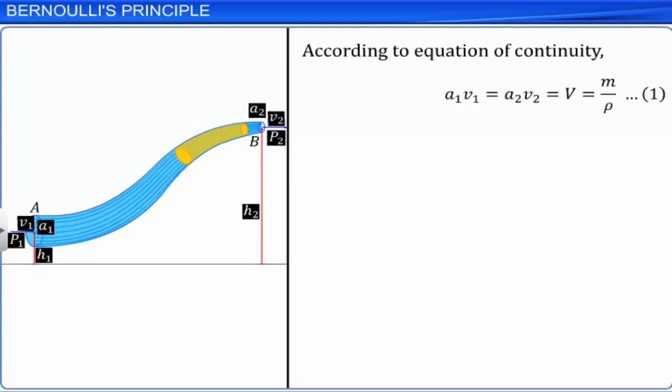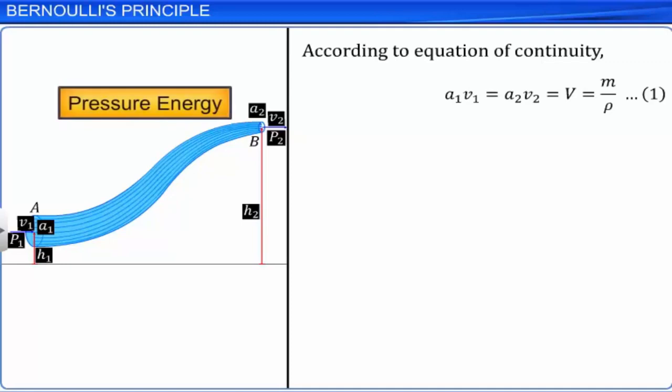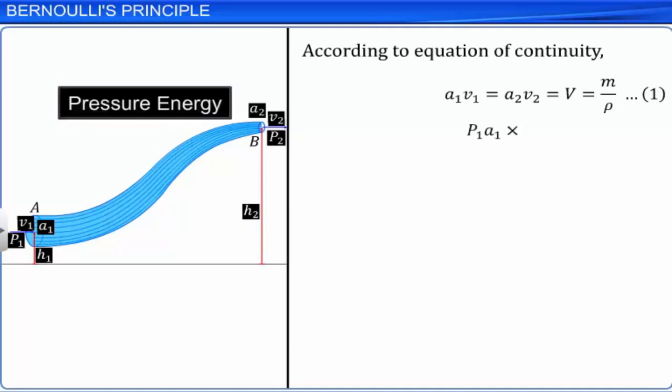Thus, the work done per second on the liquid element against the force due to pressure at A, which is referred to as pressure energy, is given by P1A1V1, which is equal to P1V. Let this be equation 2.